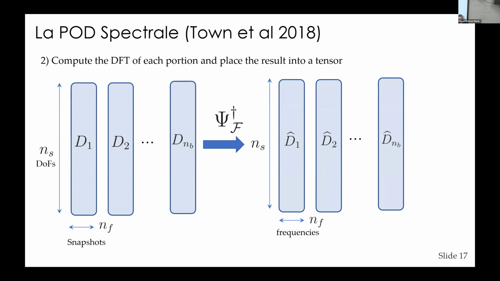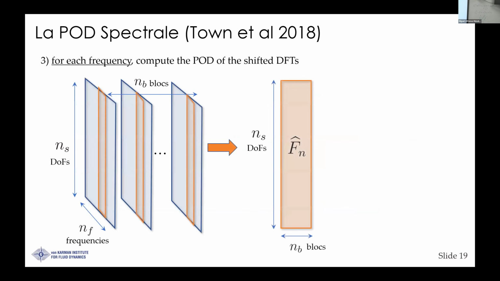Then for each of them you pick the same frequency, and you build a new snapshot matrix, which will have all the NS, and here we'll have NB blocks for each frequency. So if you have created blocks of 100 each, you will have 100 different PODs, one coming from each frequency.